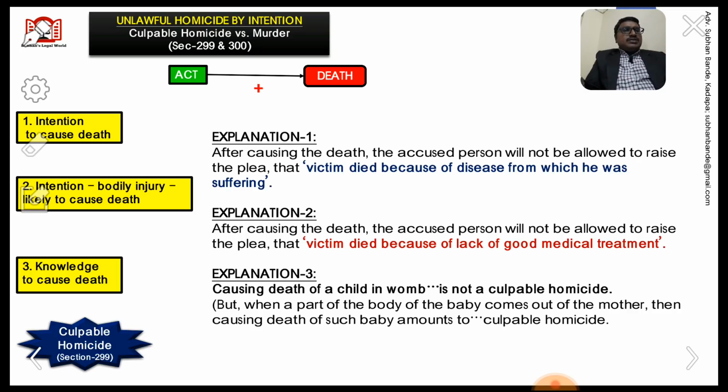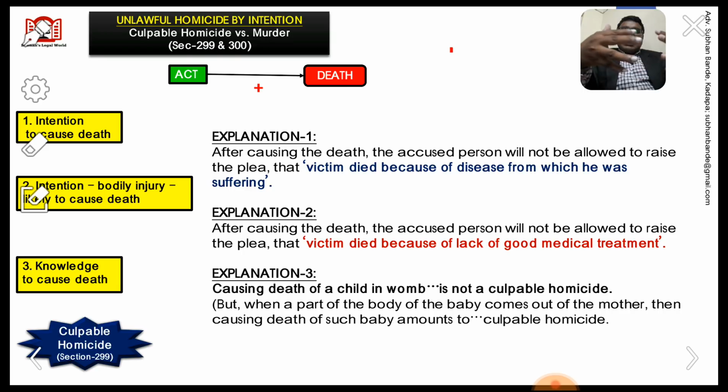According to section 299, whoever causes the death of a person by the act, here we need to understand the key ingredients of section 299 and 300.